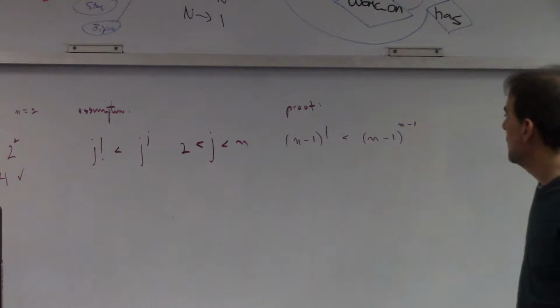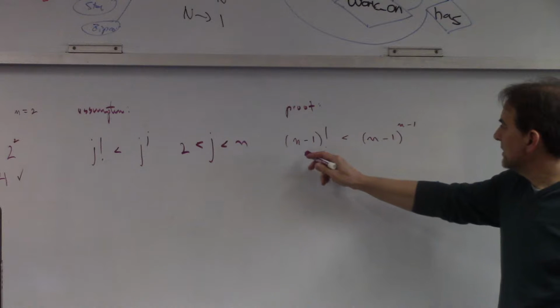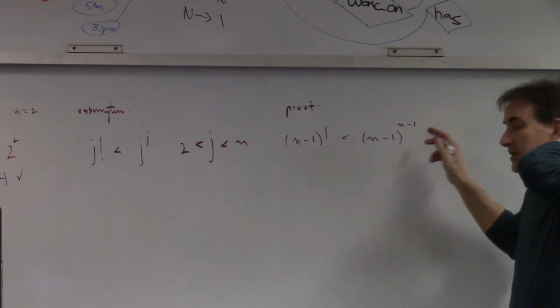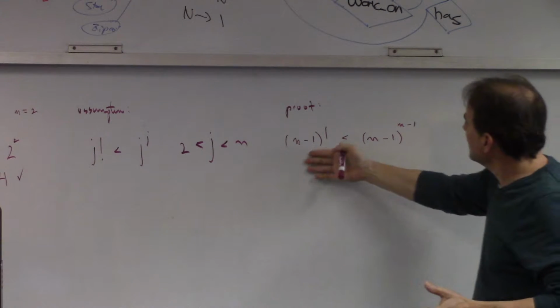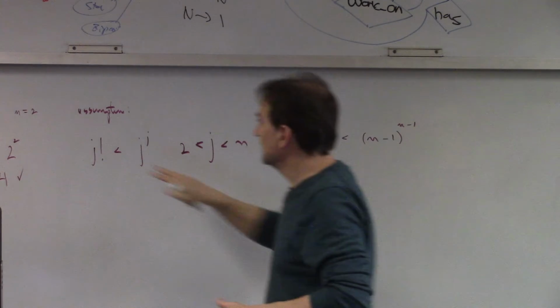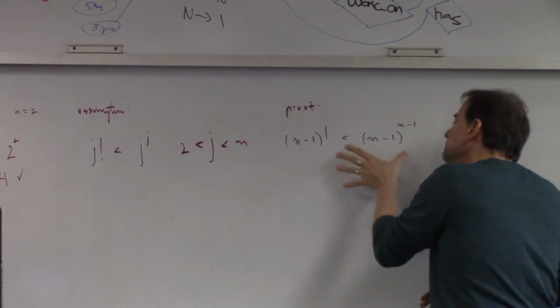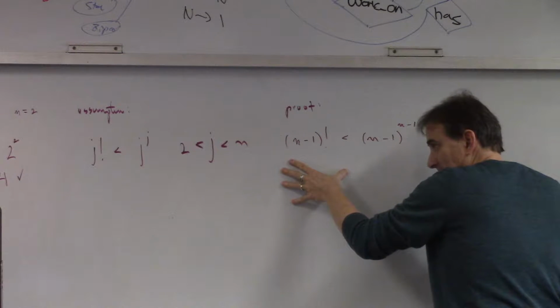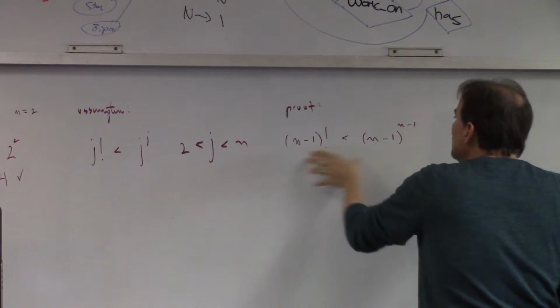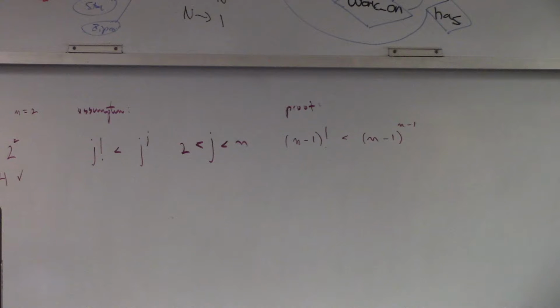So now what I have is n minus 1 factorial is less than n minus 1 to the n minus 1 power. I want to transform it so it looks like this. I can legally do anything with this that I can do with any other inequality in mathematics.